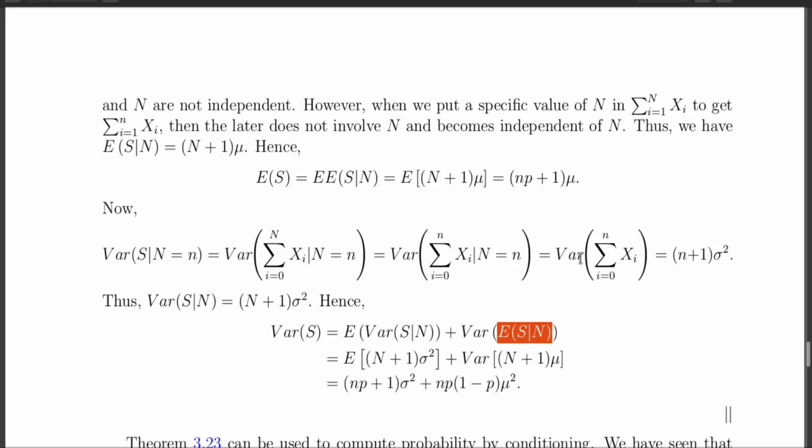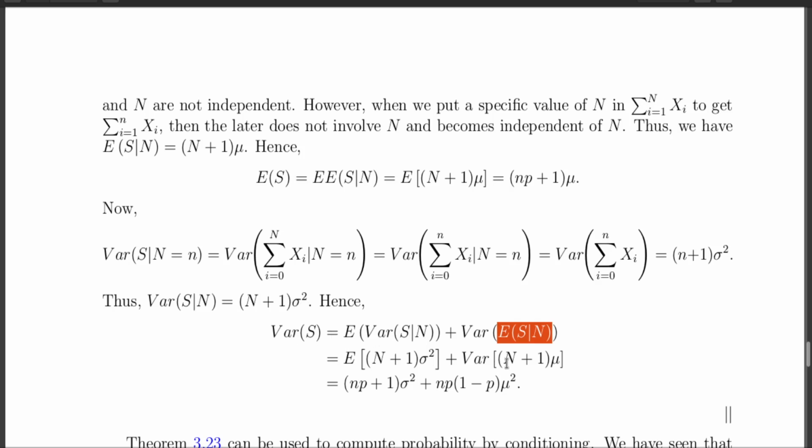Now I have the variance of the summation of X's. The X's are independent among themselves, so the variance of a summation of independent variables is the same as the summation of the variances of the variables. That turns out to be n plus 1 times sigma square. So the variance of S given N is capital N plus 1 times sigma square.